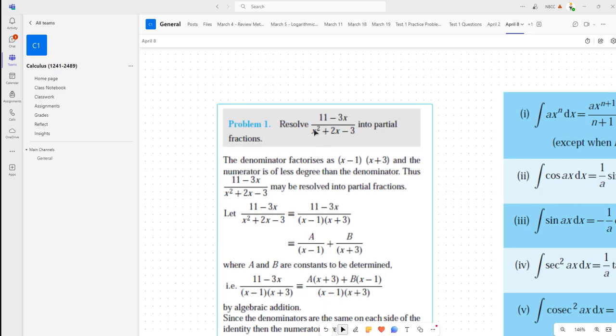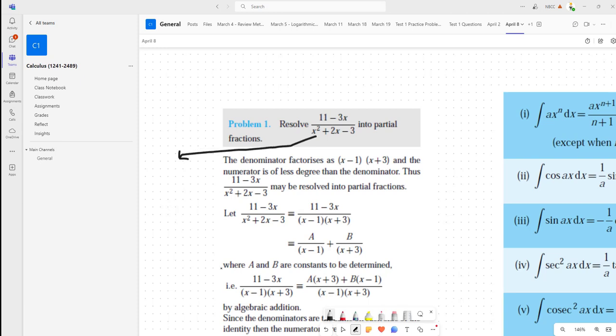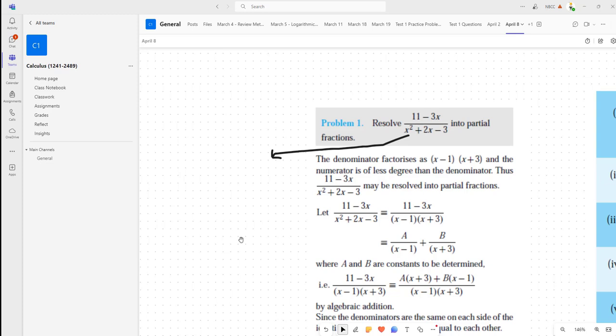The first piece is understanding how to factorize the bottom of the equation. If you forget how to do that, let me bring this over here. The way I remember this is, I'm going to try to write out the steps.